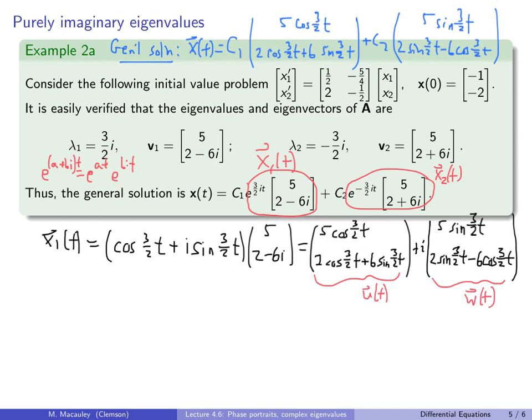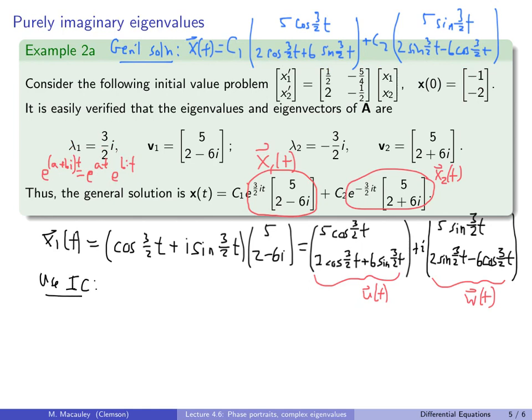Okay, so let's plot. Let's do the phase portrait. So how do we do that? Let's plot the one curve that actually satisfies this initial condition. So let's use the initial condition.